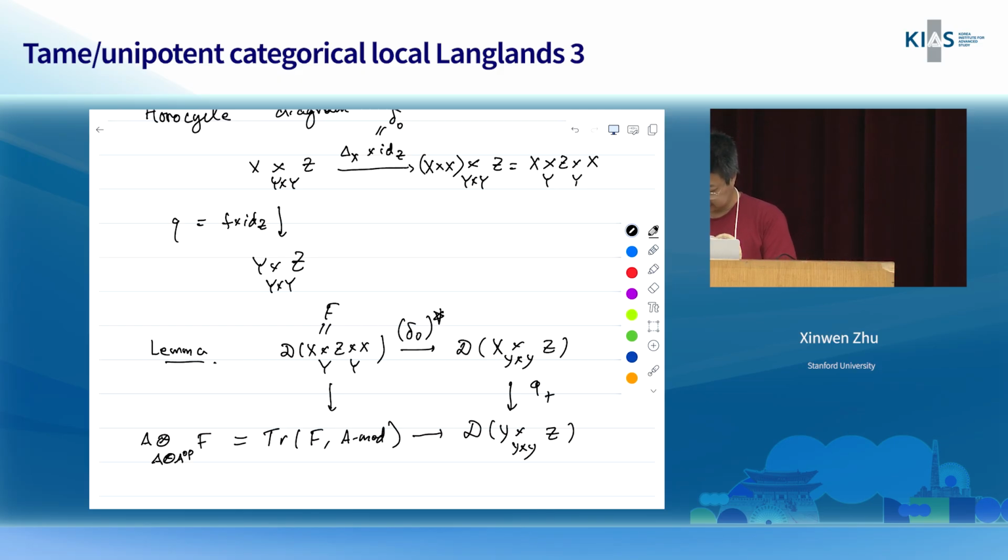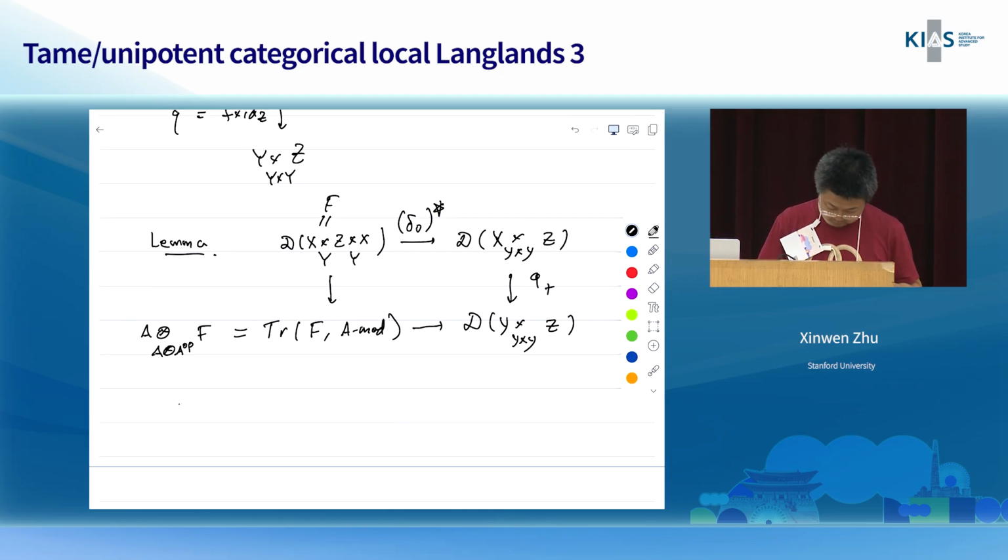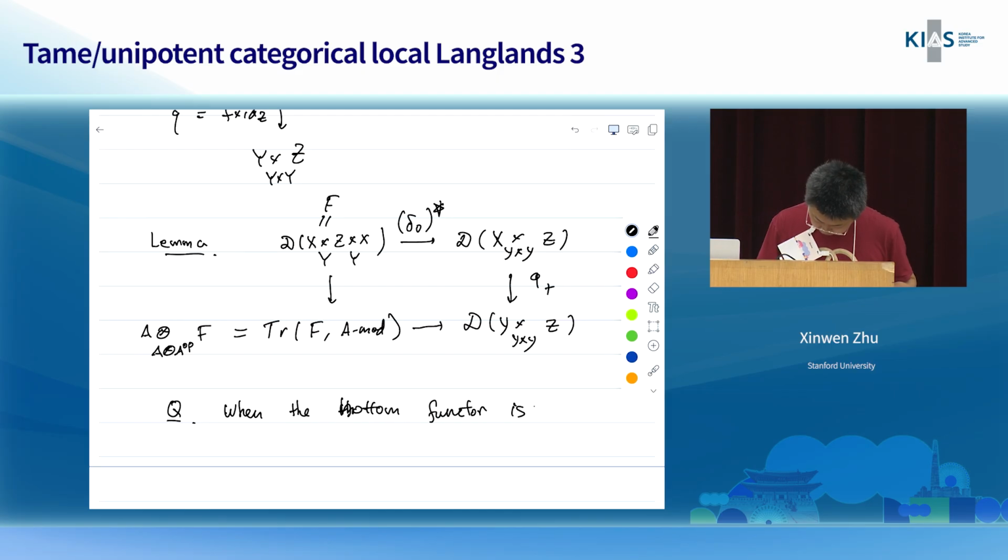So for this, the goal is to understand when the bottom functor is an equivalence.